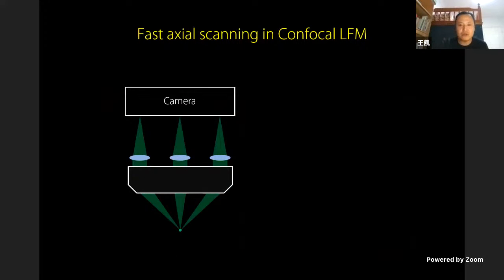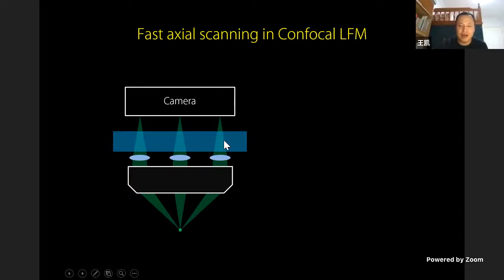Traditionally, people use a piezo stage to drive the objective up and down, which, however, is not fast. The speed of light field can be very fast. That piezo speed cannot match the light field imaging speed. Therefore, we try to look for a different strategy.